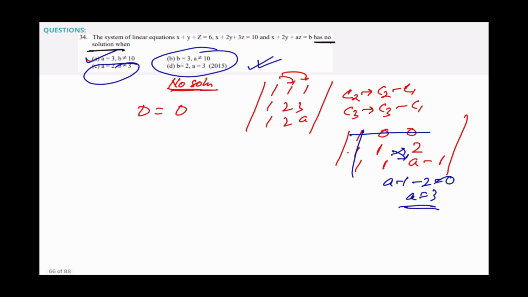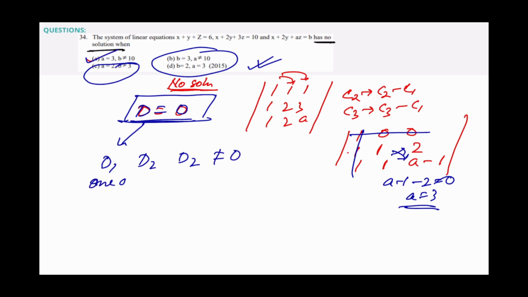Now, since it is no solution, I'll tell you the whole thing. It is there in the concept video. D should be equal to 0, and one of D1, D2 or D3 should be non-zero, okay? One of them. So let's say D1 is non-zero, and if we solve, we'll get B should not be equal to 10. So D equal to 0, and one of D1, D2 or D3 should be non-zero.